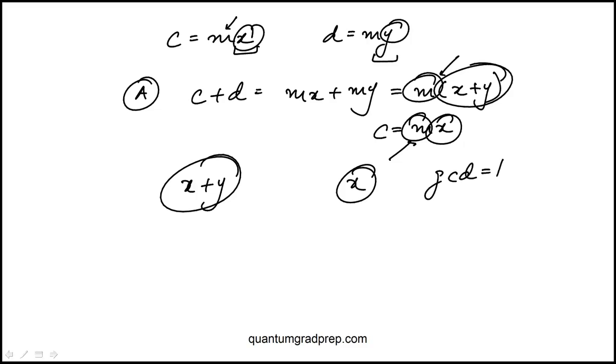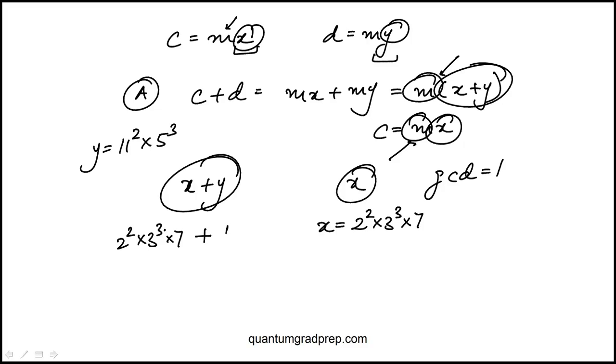And the reason for that is, you can imagine if x is, say, 2 squared, 3 cubed, 7. And then y, since x and y share no common primes, I'll have to pick y as some other primes. 11 squared, 5 cubed. Let's say we just pick that.